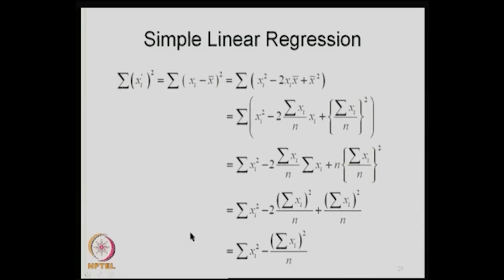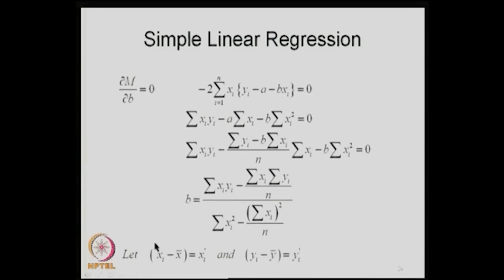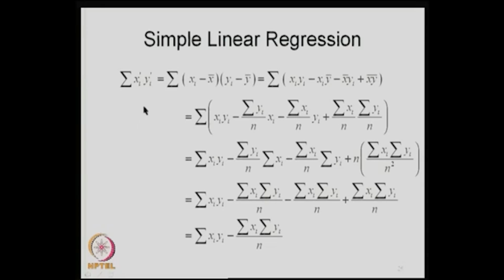So, we consider the summation of x_i dash y_i dash, which is x_i minus x bar times y_i minus y bar, and that can be written as summation of x_i y_i minus summation x_i summation y_i divided by n.